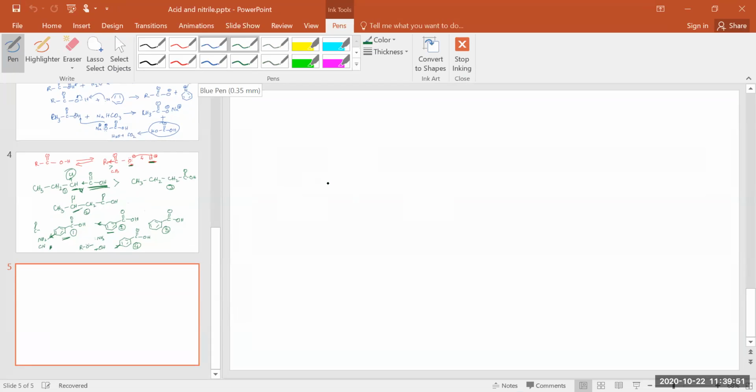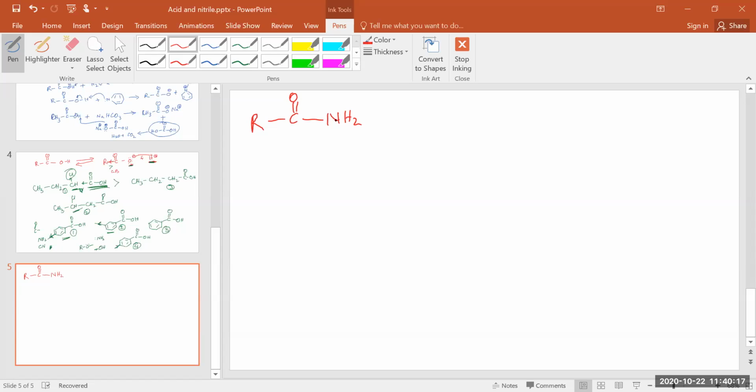Okay, so just 2-3 methods. Another method to make nitrile, okay. So nitrile, I showed you guys that one SN2 reaction can make nitrile. Another method of making nitriles is from amide. Okay, amide functional group is ubiquitous.